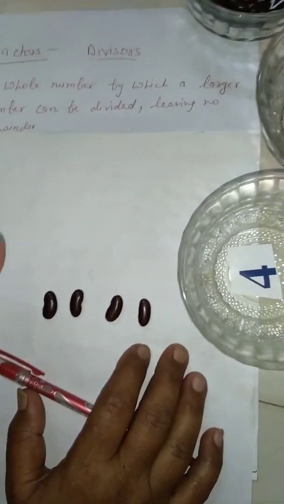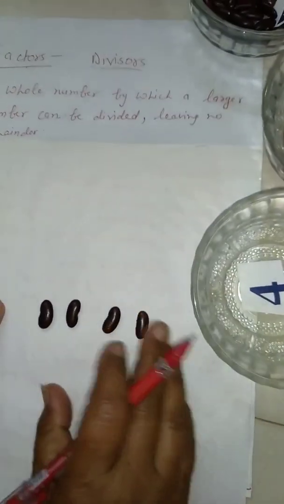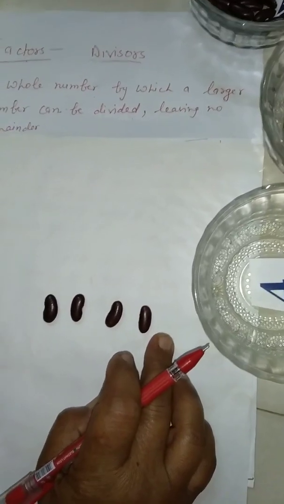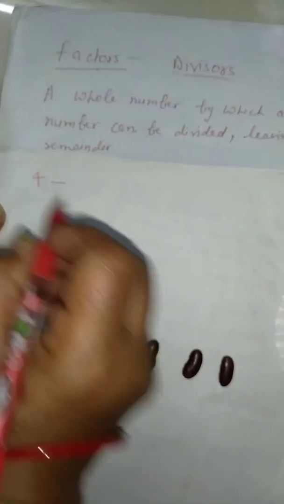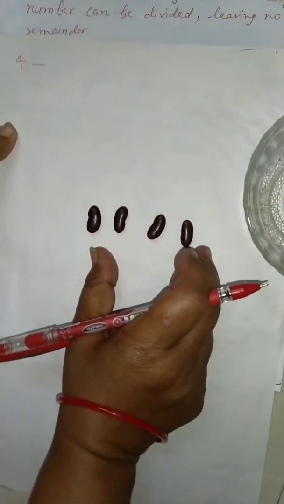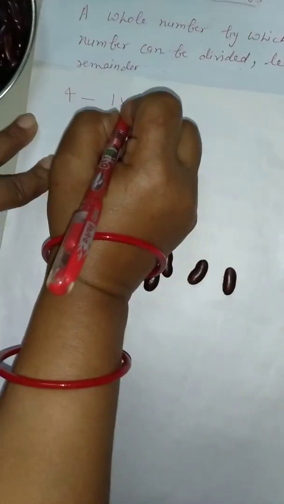Okay, in each row the number of students should be equal. So you can arrange all the students in a single line. Now you will note down, here you are finding out the factors of 4. So here one line and total number of students are 4. So you will write 1 into 4.